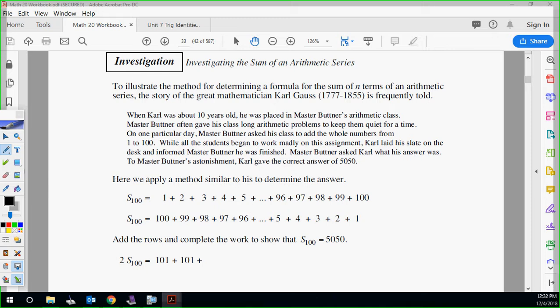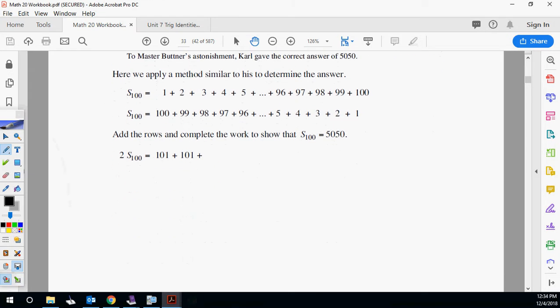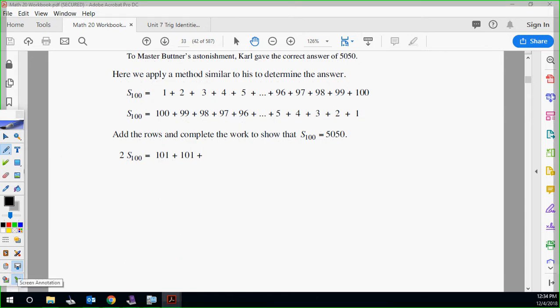It says, here we apply a similar method to how he did this, and this is how he made it a short version. If you have a sum of 100, adding everything up from 1 to 100, and another sum of 100 where you're adding everything up from 100 backwards, we're just writing it two different ways. Well, if I add these two lines, it's 101 for all of them, correct? See how that happens? 101, 101, 101.